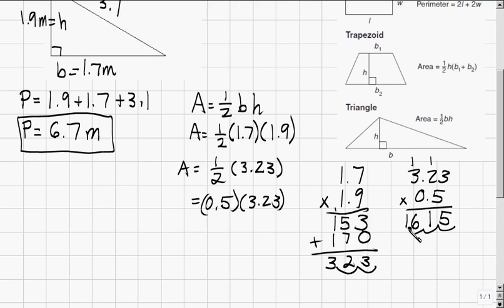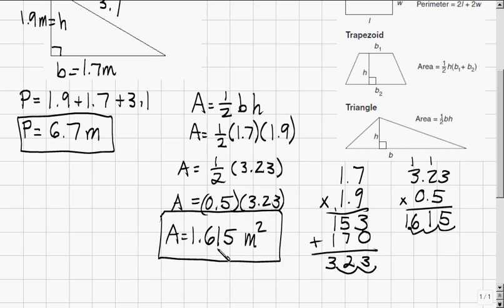That means that our result is 1.615. So our area to this problem is 1.615 square meters, since area is measured in square units. That means that the material inside the triangle will measure up to 1.615 square meters.